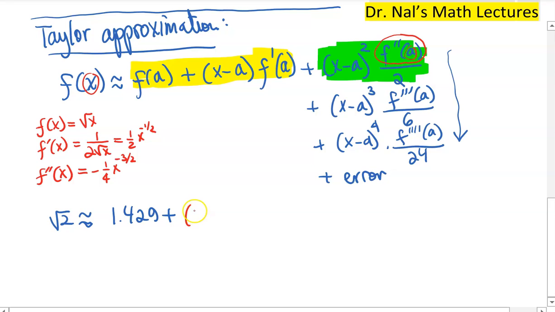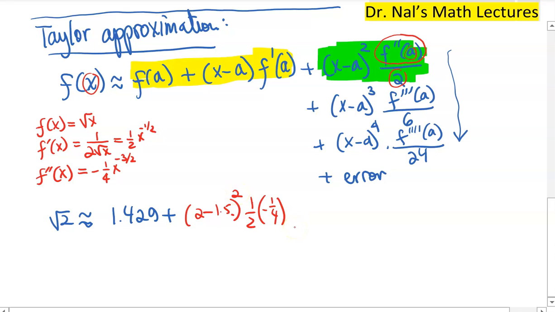So I will just go ahead and write 1.5 minus 2 squared, right? And then we have f double prime of a, so just plug in the value into that very nasty looking expression. So let me first divide by 2, 1/2, and then we have minus 1/4, so this is a multiplication. Replace x with that value 2. Sorry, it should be the other way around, 2 minus 1.5. It doesn't matter because we are gonna square in the end.